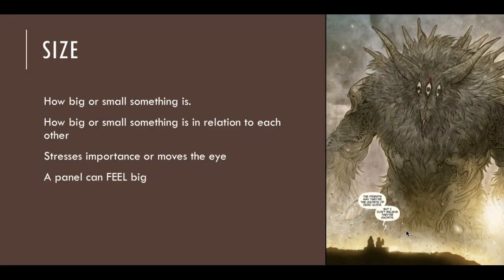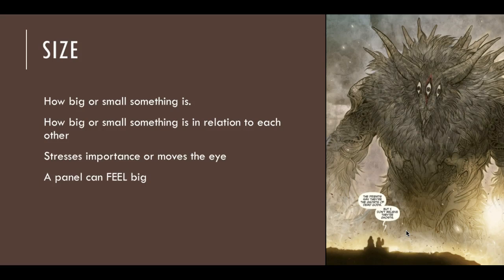Okay, so size is exactly what it is: how big or small something is, and how big or small something is in relation to other things in the visual. It stresses importance. I feel like every one of these stresses importance, and we'll talk about it when I get to annotating some of the images at the end of this presentation.